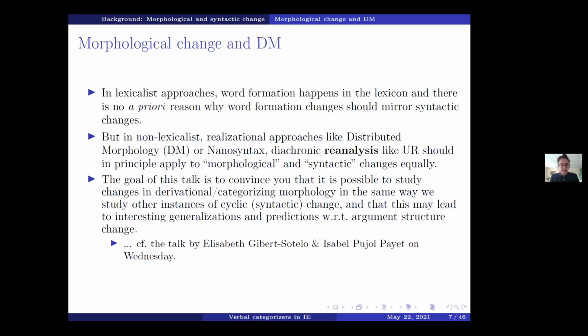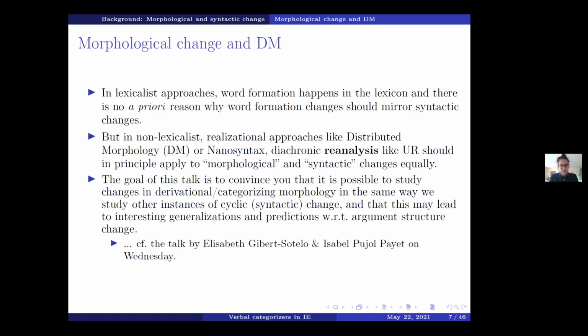But in non-lexicalist realizational approaches like distributed morphology, which I'm using, or also in nanosyntax, or exoskeletal approaches, I think there's actually a really strong prediction that diachronic reanalysis, such as upwards reanalysis or the LMP, should in principle apply to morphological changes and syntactic changes equally. There shouldn't really be a difference between the change within a word and sort of at the word level, like we saw for the modal cycle.